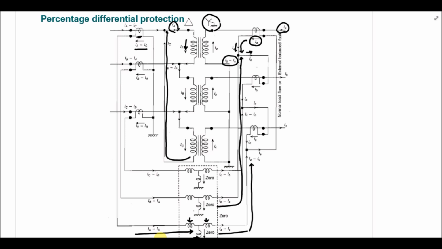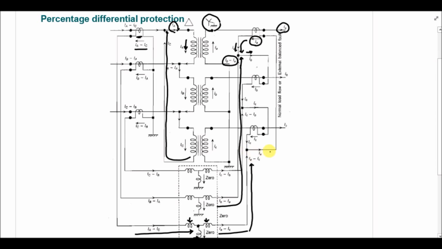Now as IA minus IC is moving towards this node and through this part of the restraining coil, there is another current, IA minus IC, that is passing through the other part of the restraining coil, and that is moving towards this node.